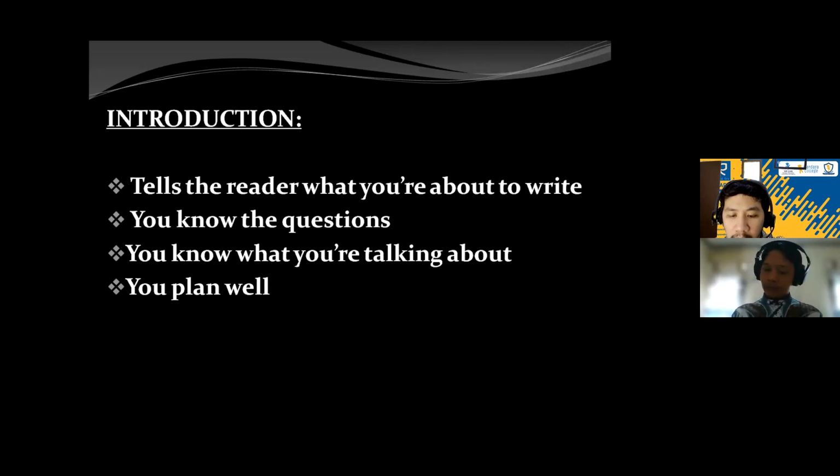And at the very end of the introductions, we talk only about the introductions here, by having a good introduction, it shows the grader that okay, you can plan well here.